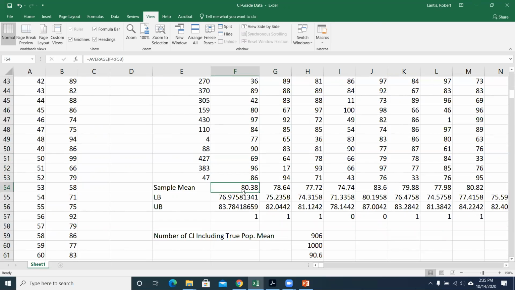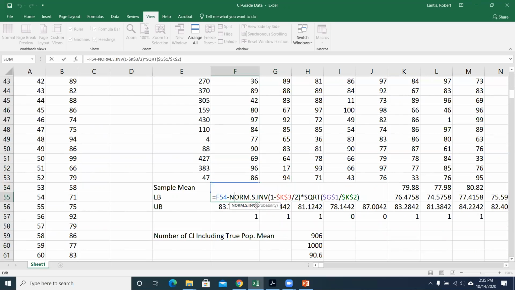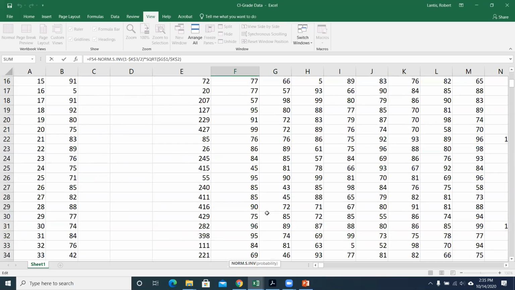I'll then calculate that sample mean. I then take another random sample of 50 people's scores, and I calculate that sample mean. From each one of these sample means, I then construct a confidence interval around that sample mean. So for the lower bound, this is the exact same equation that I had in the other slide.